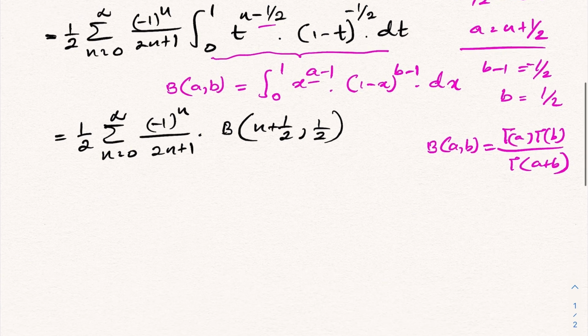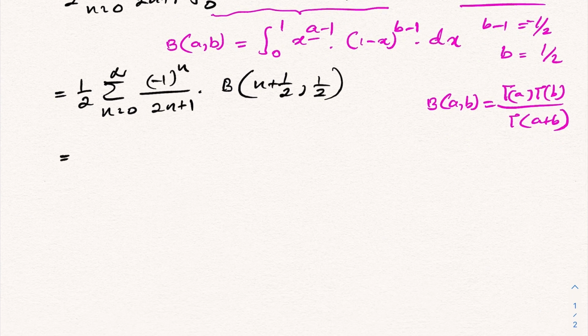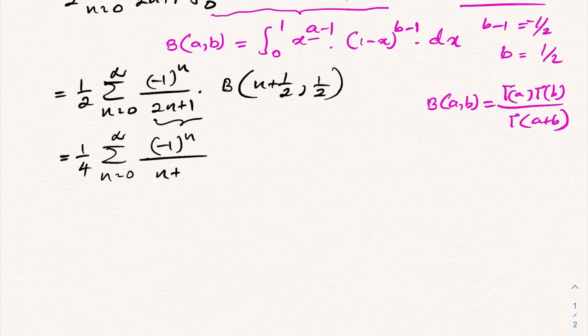So we can write now here we have 2n plus 1. Now I'm going to take 2 as a common factor, so here we have 1 over 4 sum of n equals 0 to infinity, minus 1 to the n over n plus 1 half times beta of n plus 1 half comma 1 half.